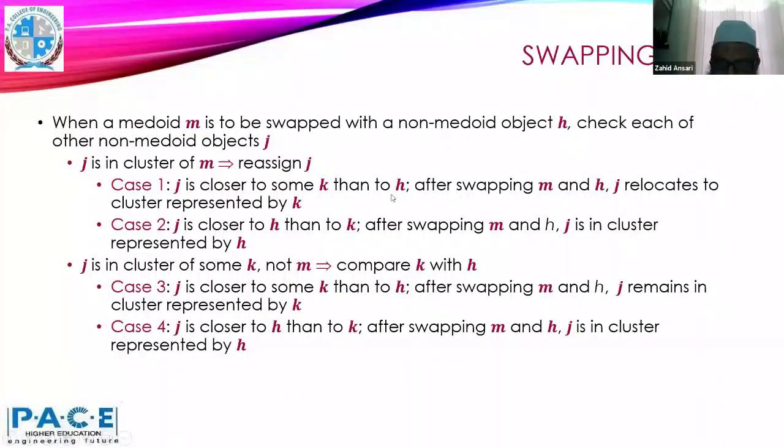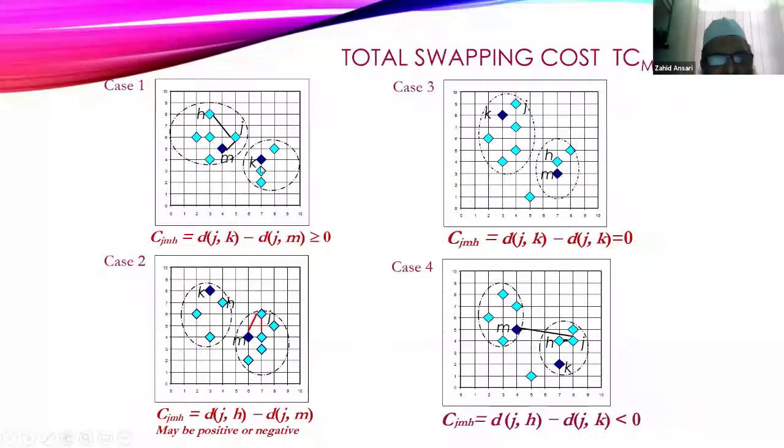So I will take you through it again. This J was earlier associated with this cluster because its center was M. Now we are trying to replace M with H. If we replace M with H, is there a case that J will become closer to some other cluster center, K, let's say?